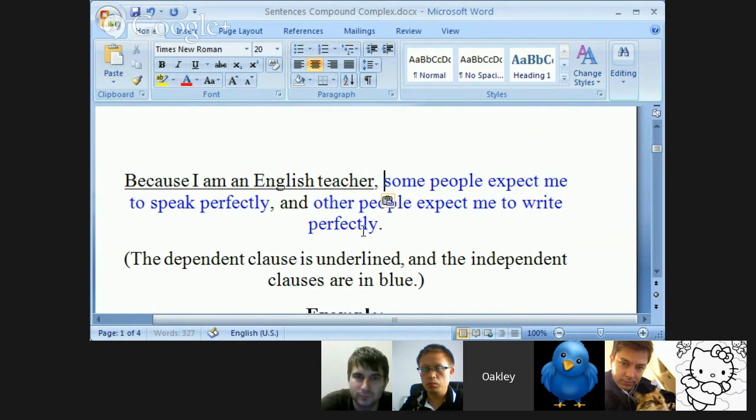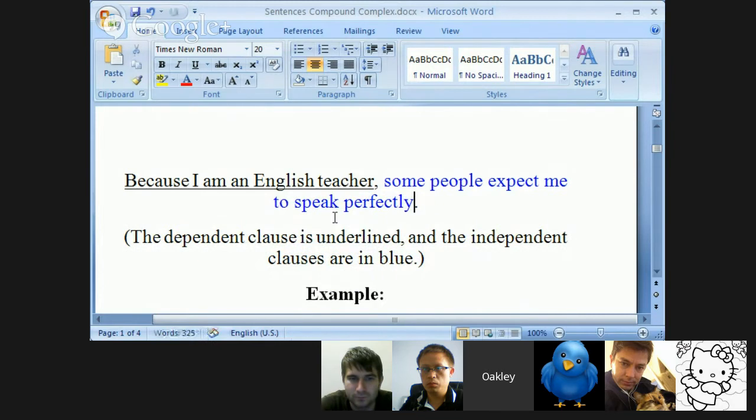All right. What if I get rid of the second independent clause? Because I'm an English teacher, some people expect me to speak perfectly. Mauricio, now what do I have? One sentence, or one dependent clause and another independent clause.